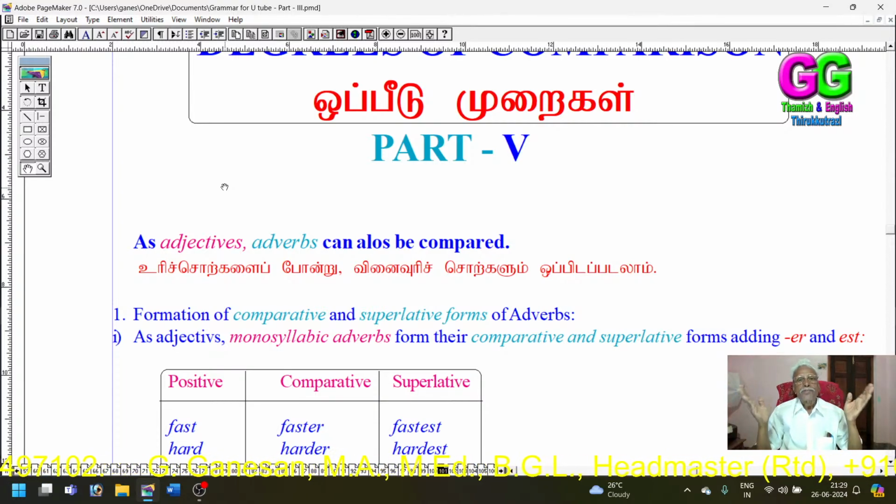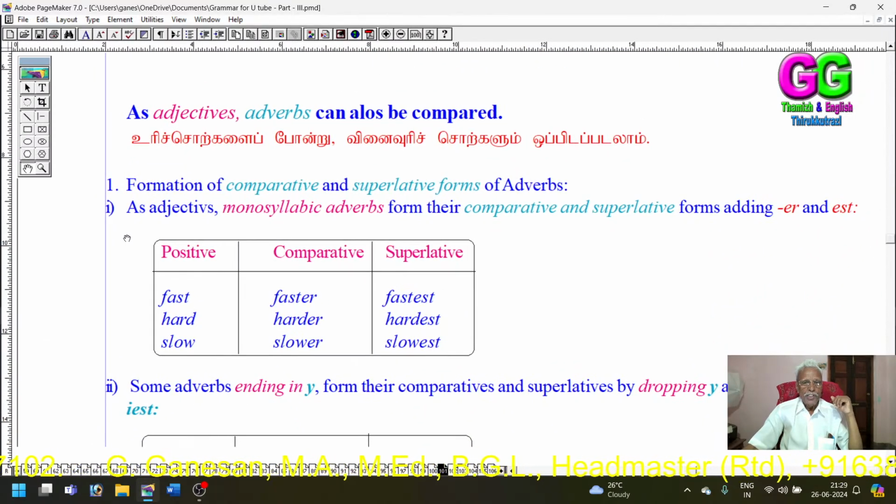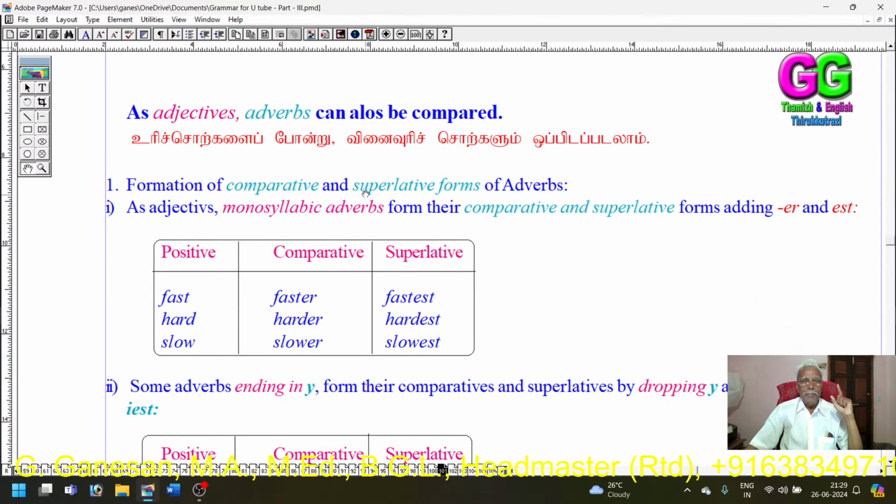The actions of people or other living things or other things can be compared. So what are the scales used for comparing adverbs? Come, let us see them. See first the formation of comparative and superlative forms of adverbs.